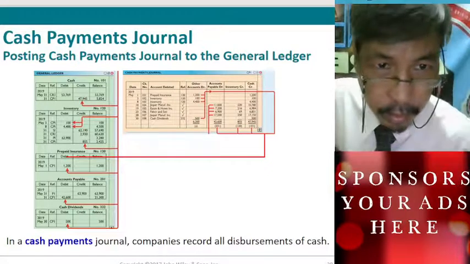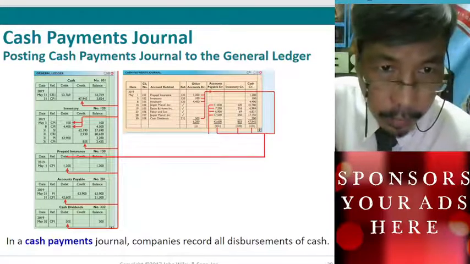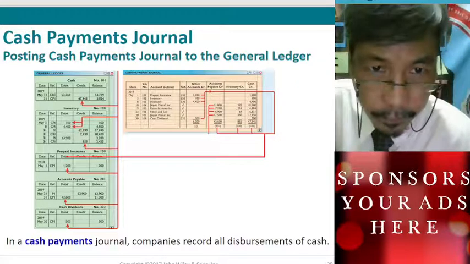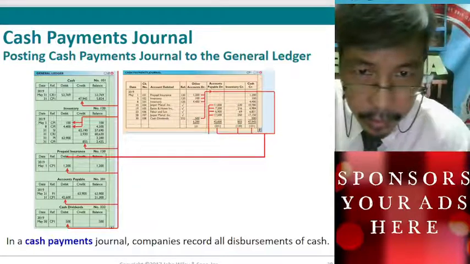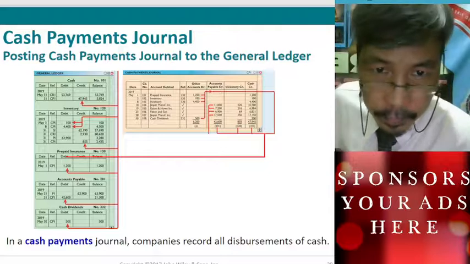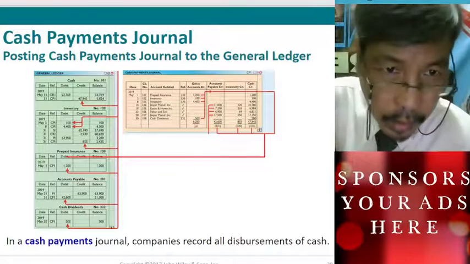So take a look. For example, you have payable of, for example, Favor and Son. How much? 6,900.